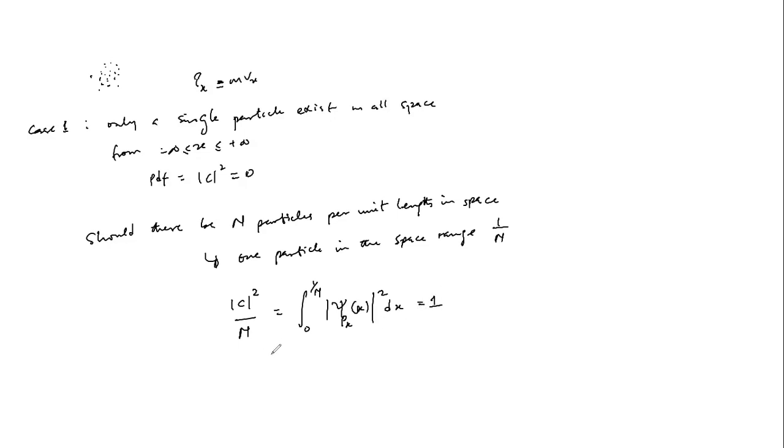Now this implies that c squared n is equal to, therefore, PDF is equal to n, such that c is the same as the square root of n.